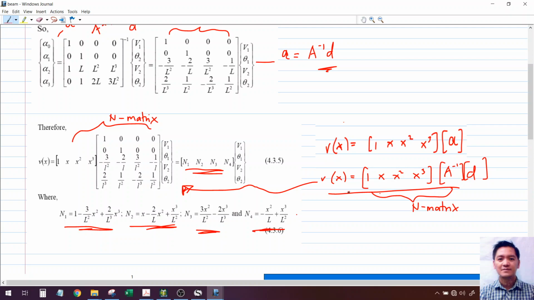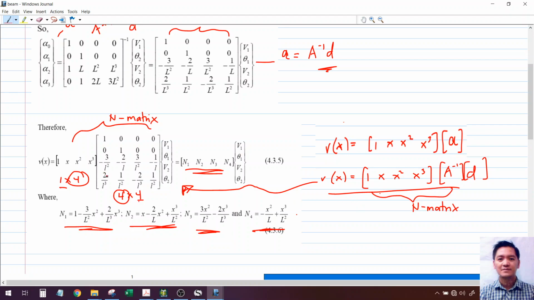Okay, for example, anong size nito? This is 1 by 4, while this one is 4 by 4. So, compatible. Then you'll come up with a 1 by 4 matrix.